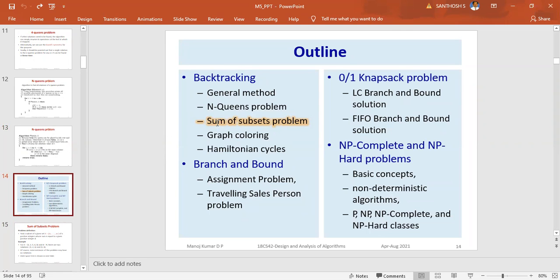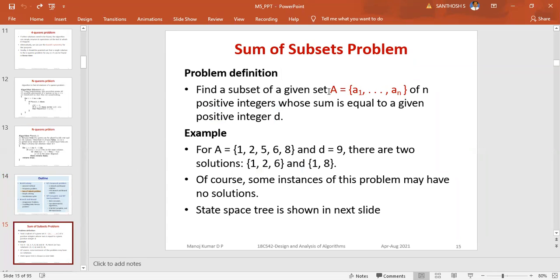Now you come to the sum of subset problem. Find the subset of a given set A equals A1 to An of n positive integers whose sum is equal to a given positive integer D. For example, A is equal to 1, 2, 5, 6, 8 and D is equal to 8.